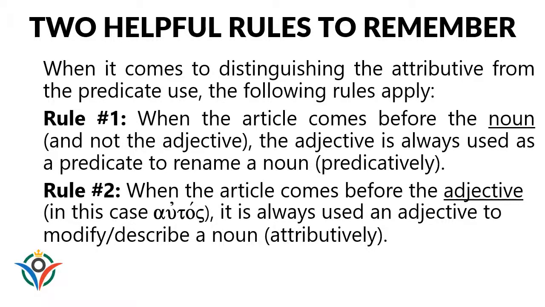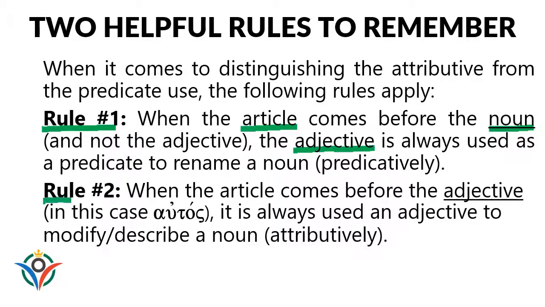When it comes to distinguishing the attributive form from the predicate use, the following rules apply. So rule number one, if you remember, is when the article comes before the noun and not the adjective, it is always used as a predicate to rename a noun. Right, in this case, the form of autos is functioning as the adjective.